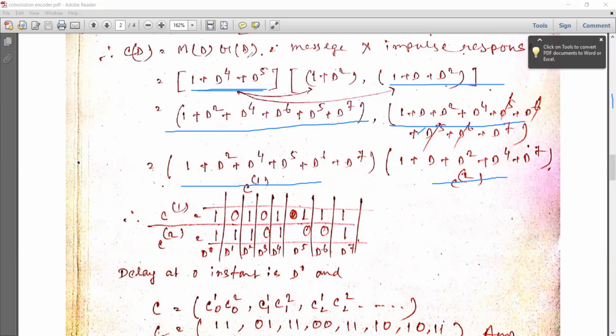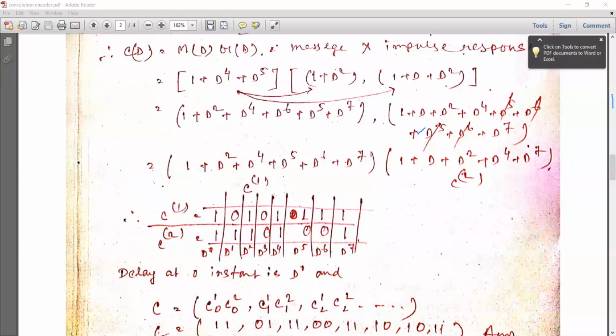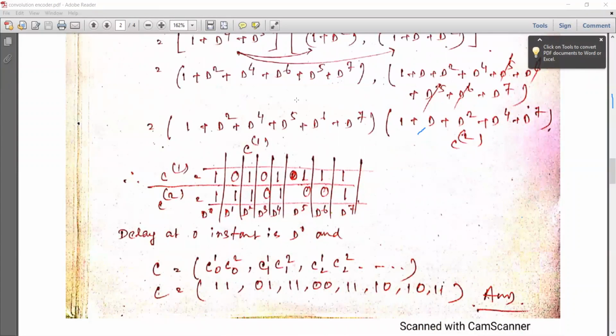Okay, just let me remove this. So now we have generated C1 and C2 in the D polynomial form. Here you have to remember how to write the final answer in your question paper.